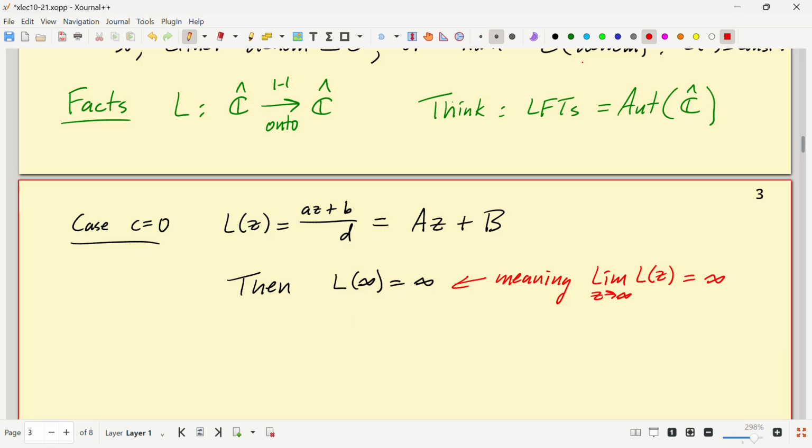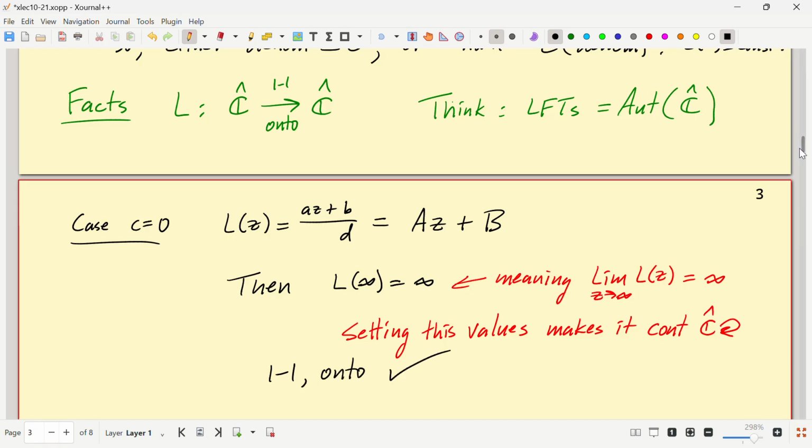So setting this value makes it continuous from C hat to itself. And of course it's one-to-one onto, because az plus b is one-to-one onto the finite complex plane. And so it's a simple matter to check one-to-one onto.